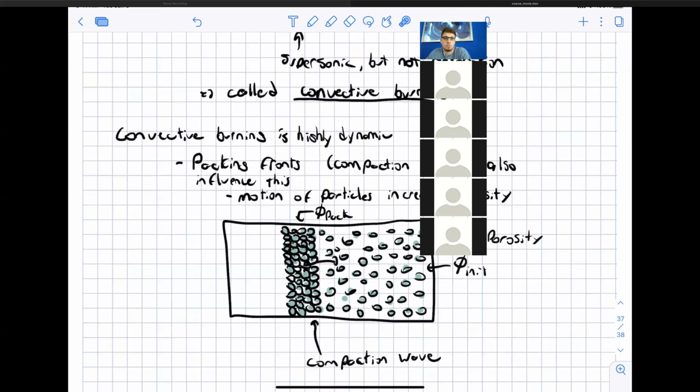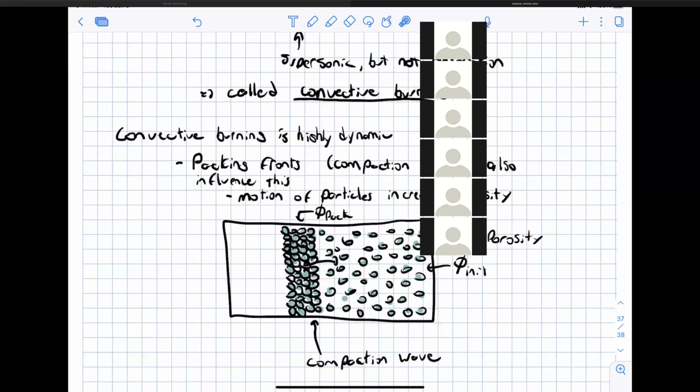You could imagine that if you have a bed of propellant here and high pressure gas flow pushing on the surface, it will actually compact the outer edge of the propellant and decrease the porosity. This decreased porosity makes it more difficult for the gas to penetrate in.